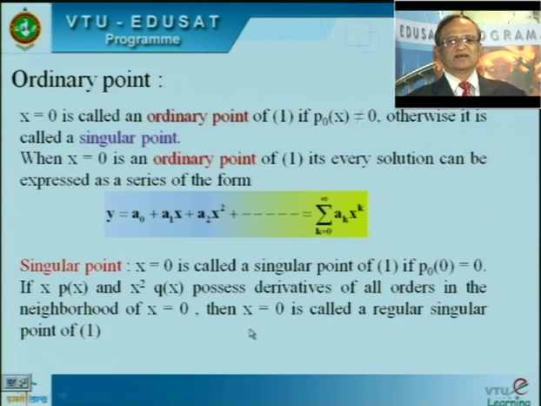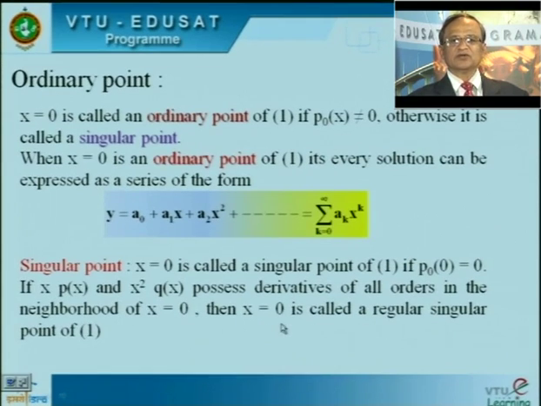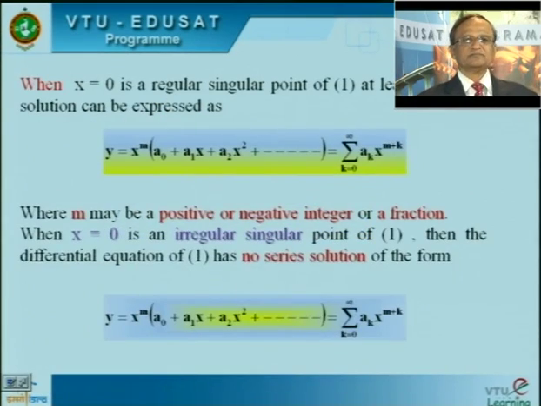I have verified x is equal to 0 is a singular point. Along with that, I have to verify whether I am able to find the derivatives of x into p of x and x square into q of x, meaning first derivative, second derivative, third derivative, and so on. If it is possible to find derivatives of all orders, in that case you may call x is equal to 0 a regular singular point of the given equation.